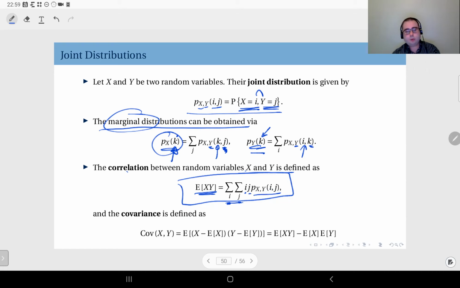So this is again a weighted sum of the function X multiplied by Y. So the correlation is a measure of how 2 random variables resemble each other.